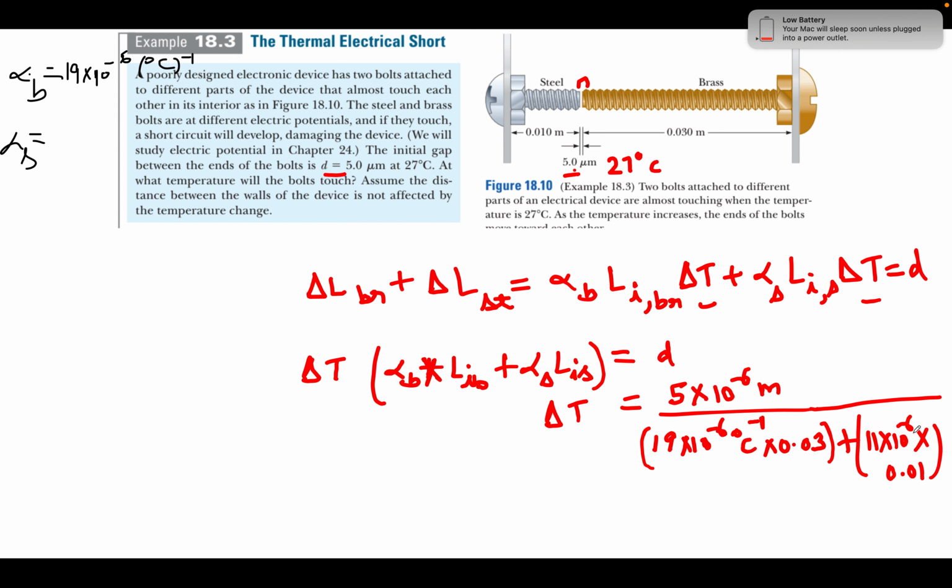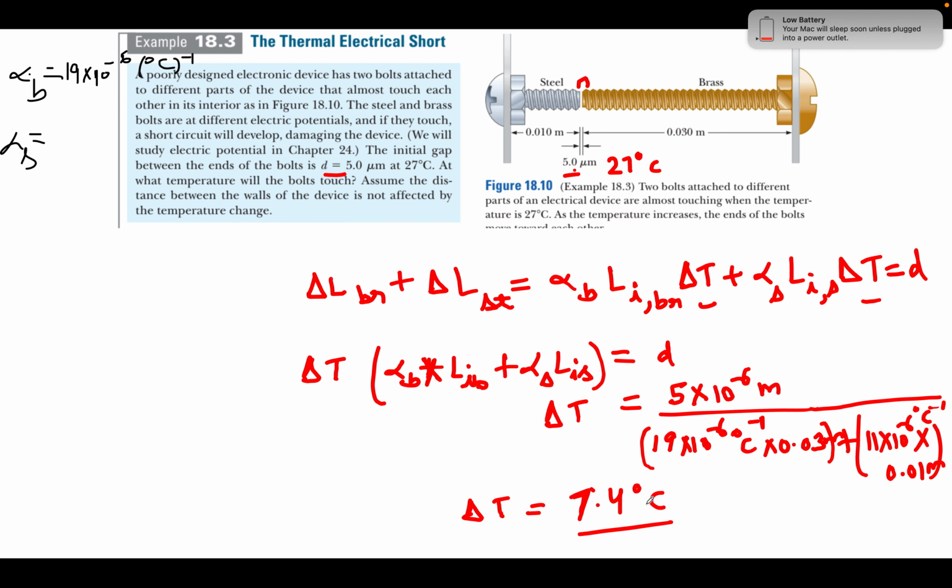Again this is degree Celsius inverse, and meter is coming here and here. So meter will get cancelled from the numerator and denominator. Degree Celsius inverse will go up and become degree Celsius. On calculating this, it comes out to be 7.4 degrees Celsius.